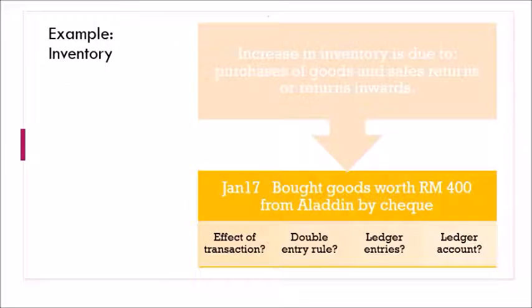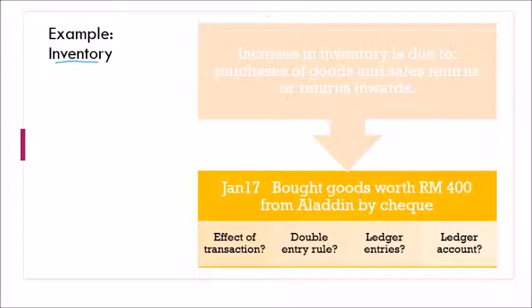Okay, so in this slide, we are going to focus on inventory, okay, or stock. So it is important for you to understand this subtopic because inventory is a big part of a business. It's an important asset in a business operation since they are their main expense and their main income for the business.